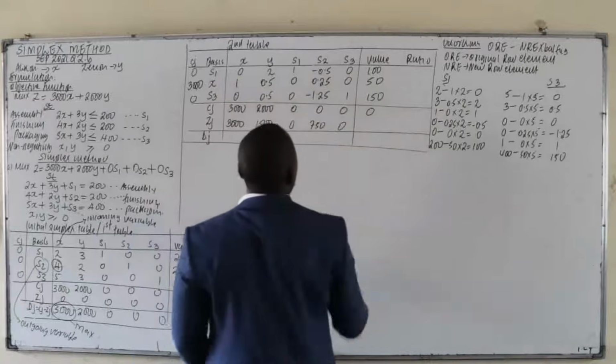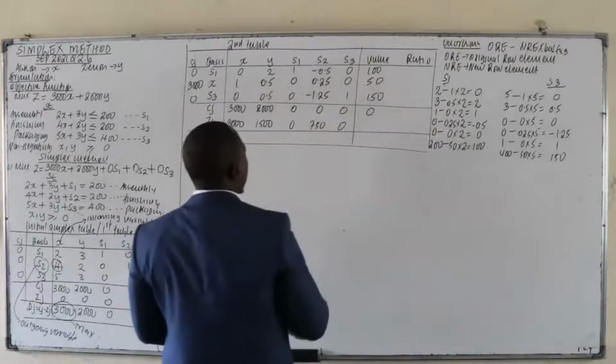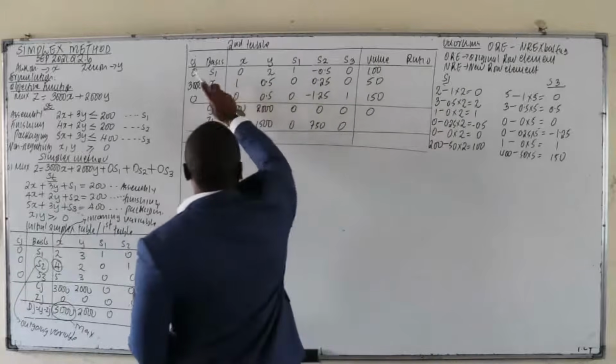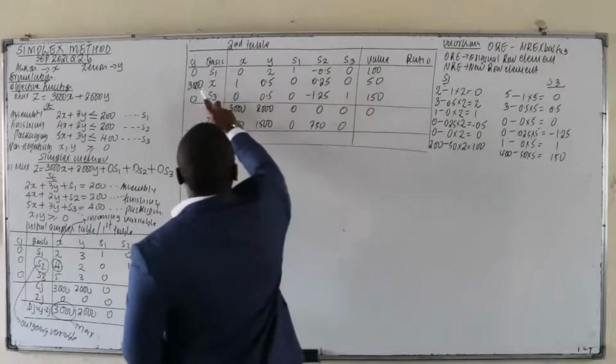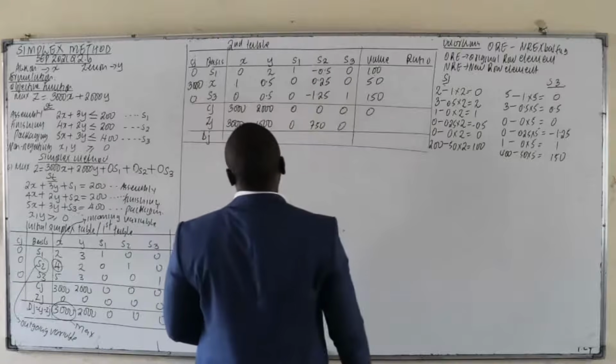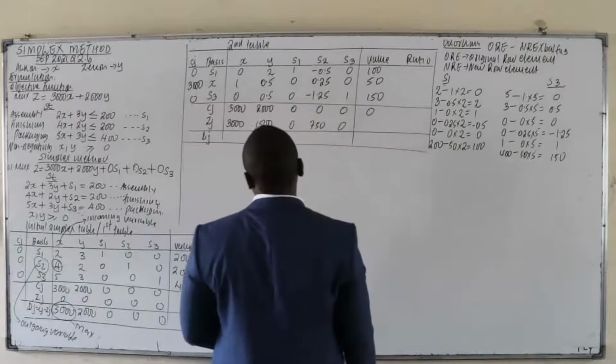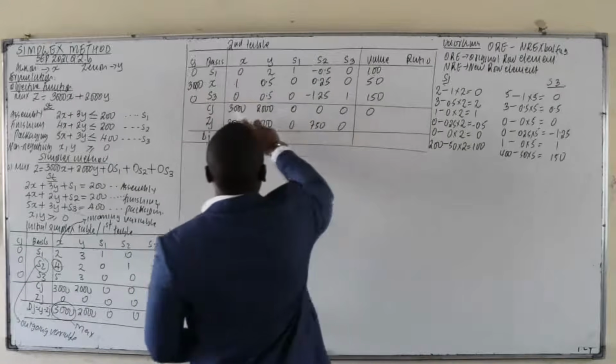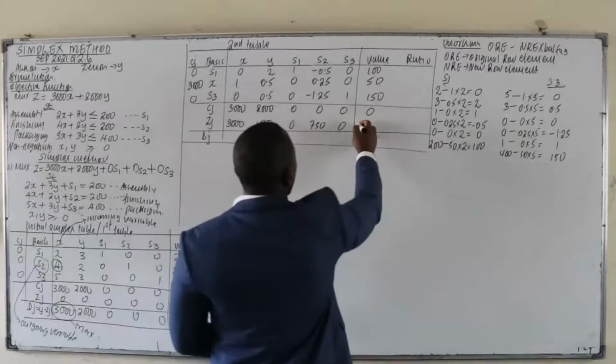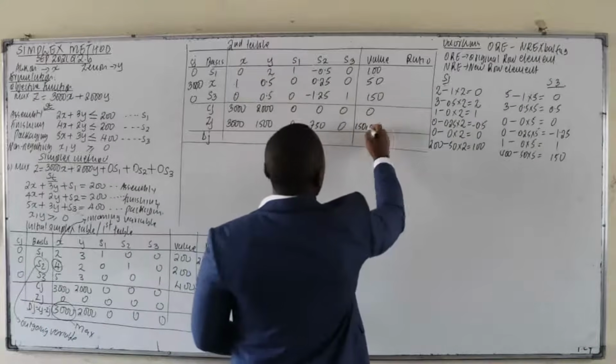So you get 0. Then for the value, you take 100 times 0 plus 50 times 3,000. You get 150, right? 150 times 0 is 0. So that is 150. Good.